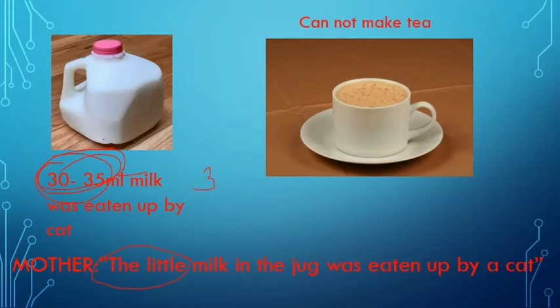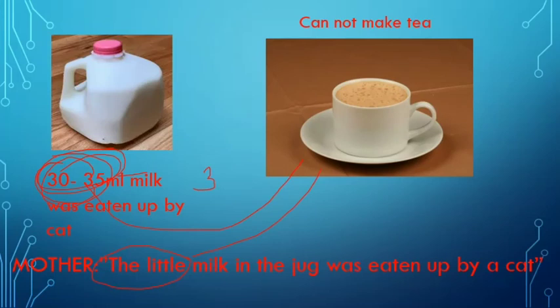Whereas in this situation, out of this, she can make 1 cup of tea. So the little milk means milk is there, not much milk. It is only 30 to 35 ml milk, but that is enough to make 1 cup of tea. For that time, it is enough to make 1 cup of tea.